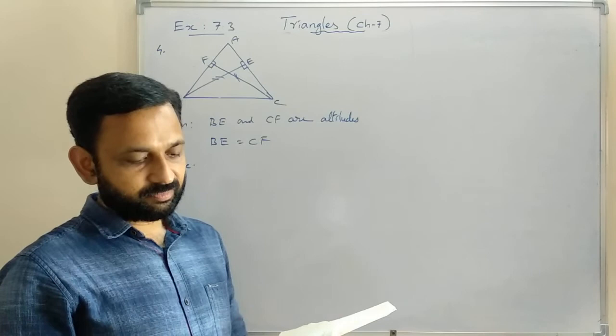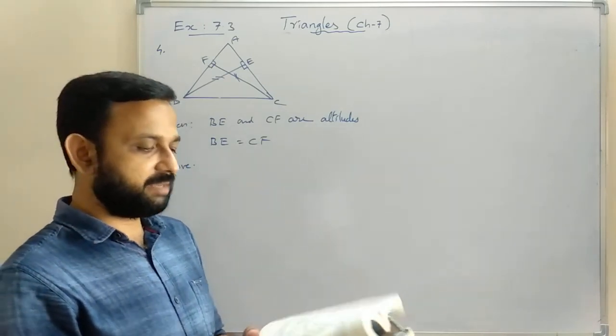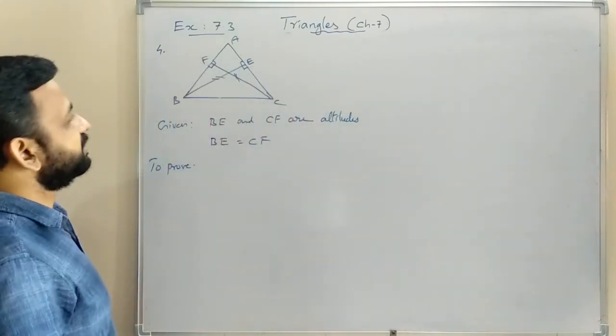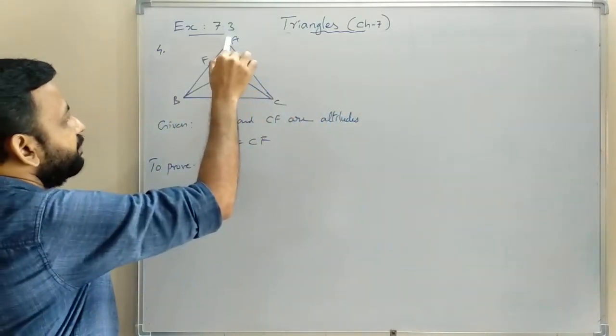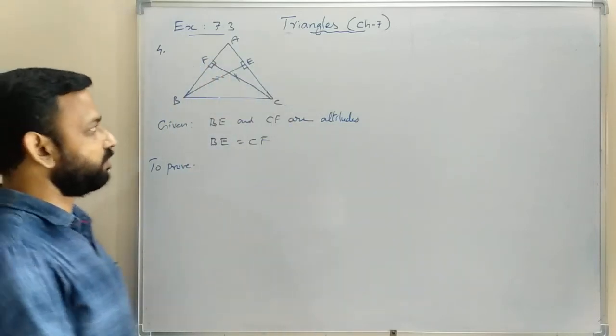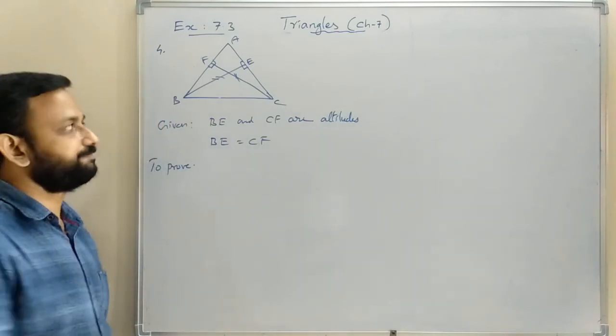Then using RHS congruence rule, prove that triangle ABC is isosceles. That means we are going to prove AB and AC are equal.